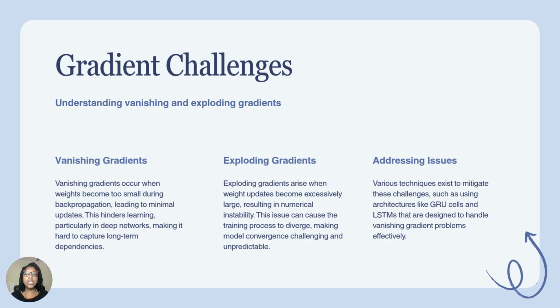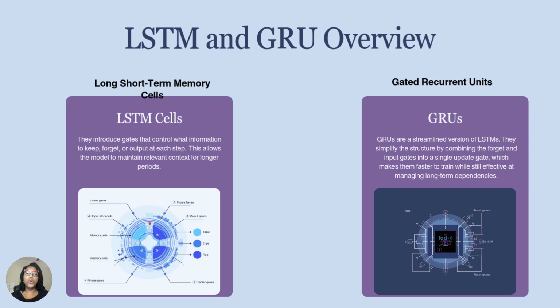So there are some techniques that we can use to mitigate this. One being GRU, that's gated recurrent unit, or LSTM, which is long short-term memory cells. Those are both designed to help with vanishing gradient problems. Long short-term memory cells introduce gates that control what information is kept, forgotten, or even output at each step.